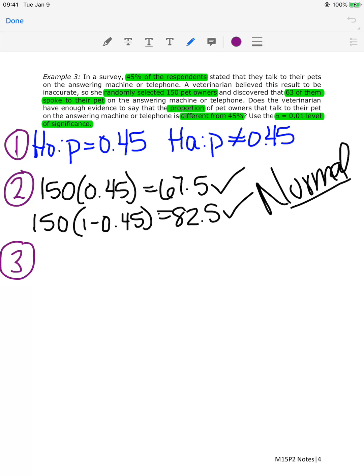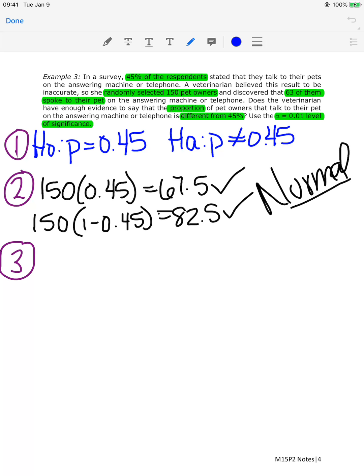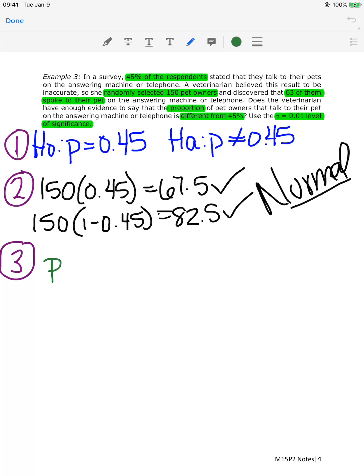Step 3. Calculate your test statistic, but first figure out what your p-hat is. So 63 out of 150, 0.42.